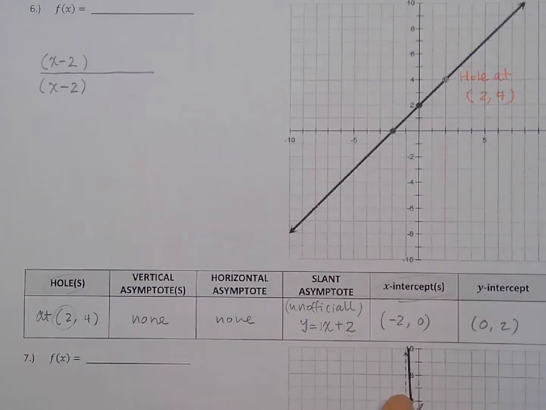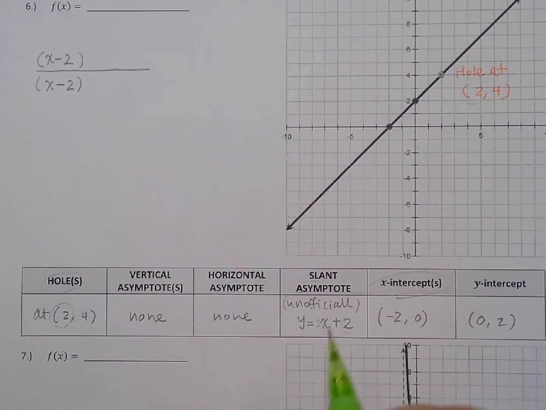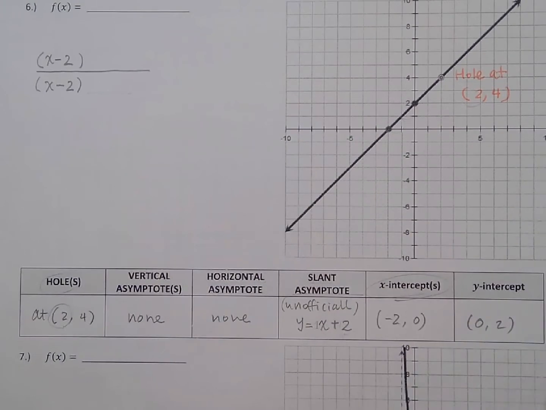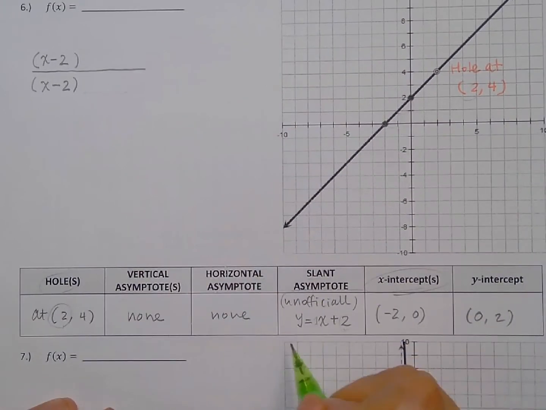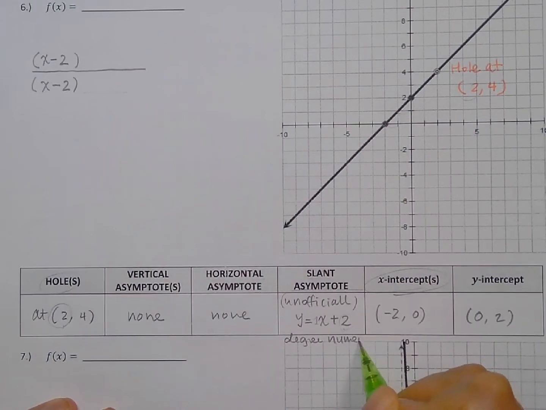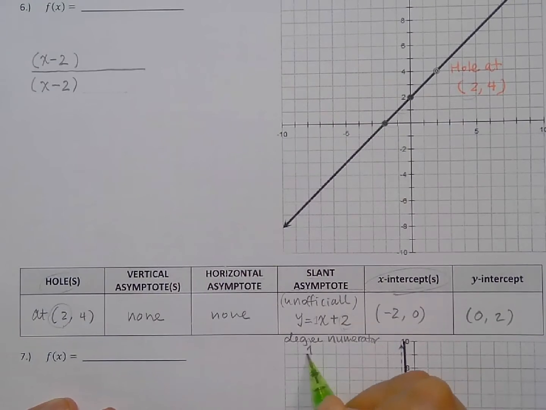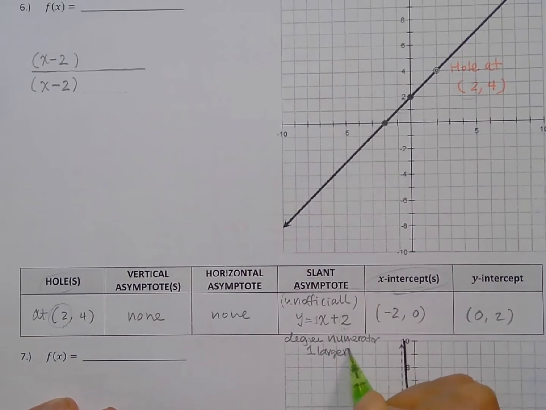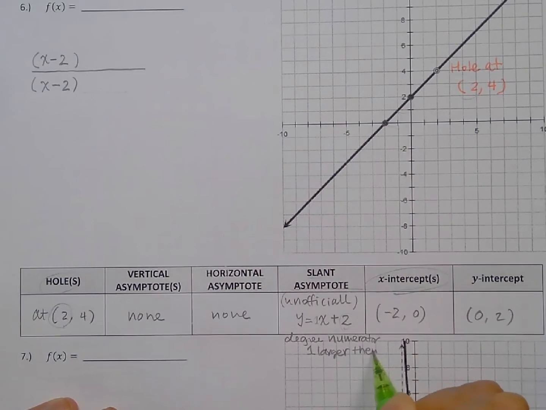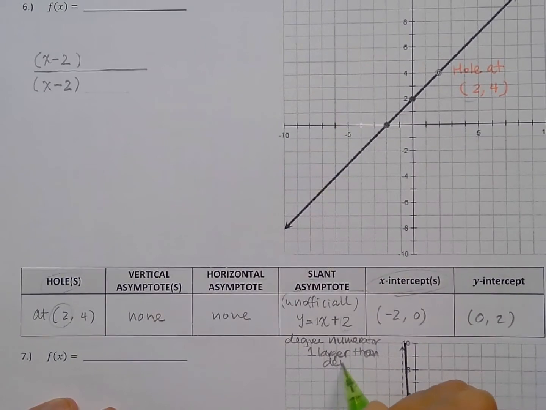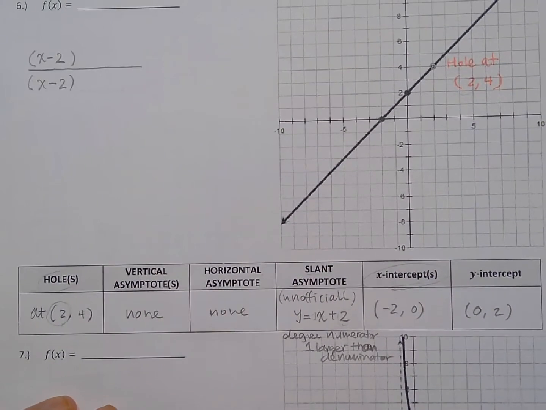For a slant asymptote, I have to make the degree one larger than the denominator.